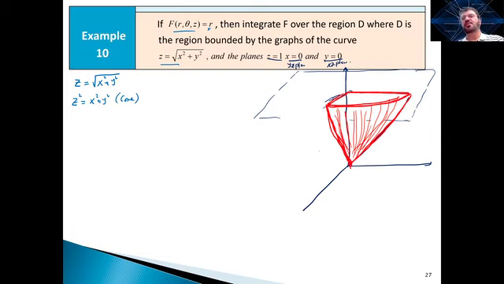If you're standing here on the ground and you look up, you're going to cross the shape from here, right? What is this z equal to? This is the base, right? It's the cone. So this is equal to the square root of x squared plus y squared. But in polar, what is this? This is the square root of r squared, which is r.